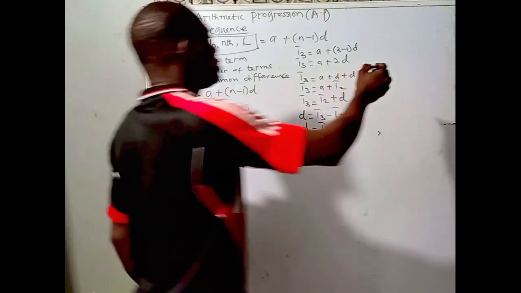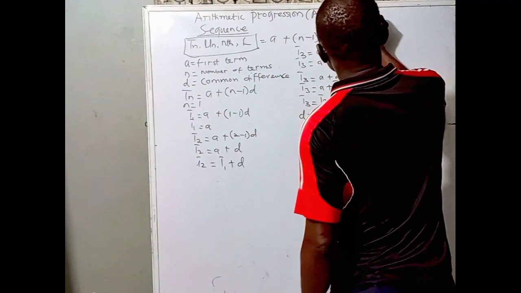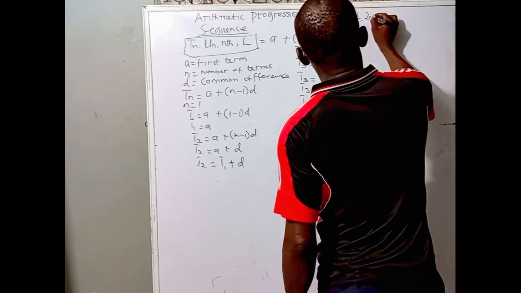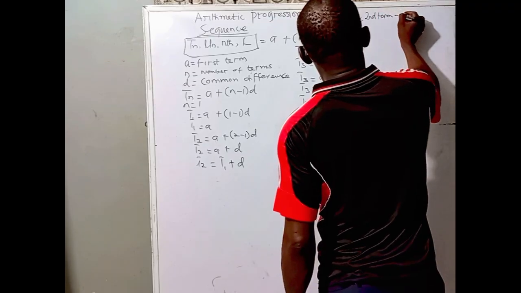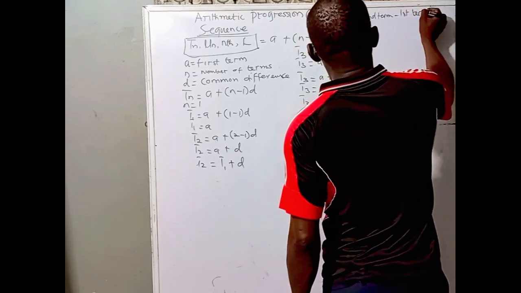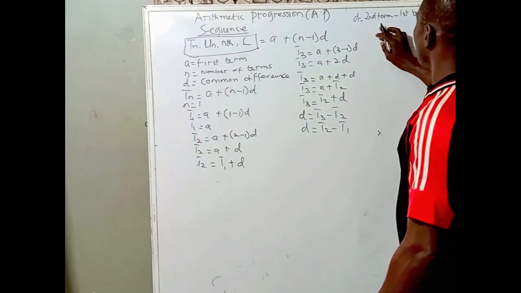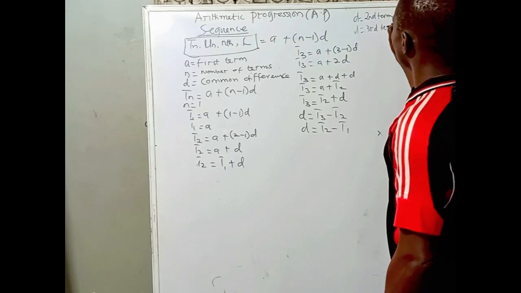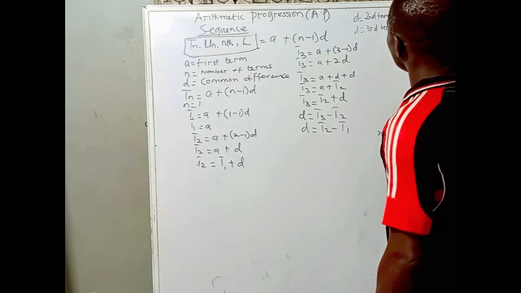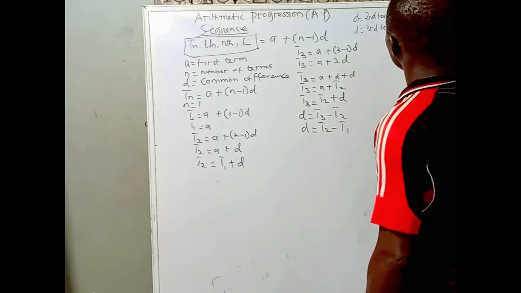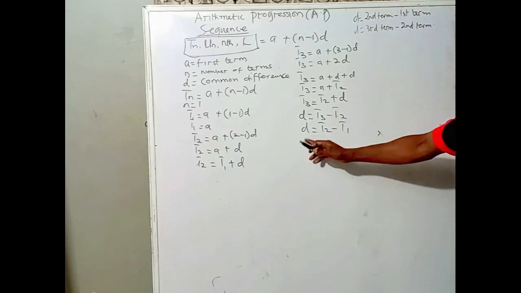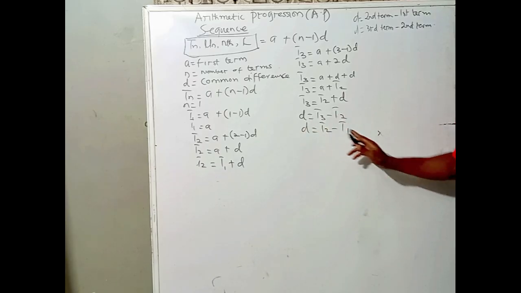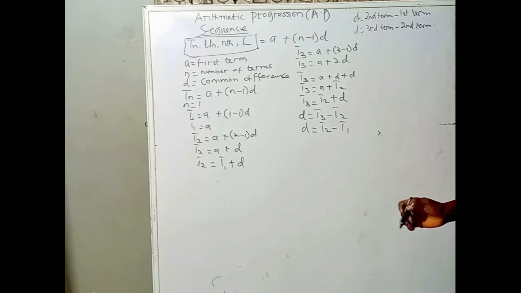So the common difference d is either the second term minus the first term, or the third term minus the second term. So from here, look at d: T3 minus T2, or T2 minus T1. This is how to obtain the common difference.